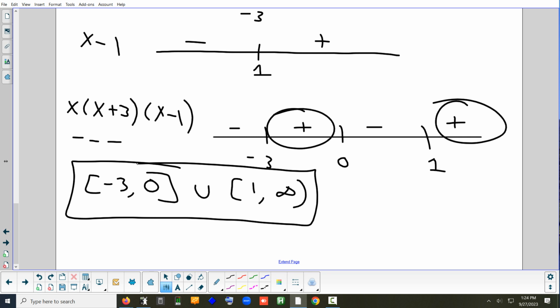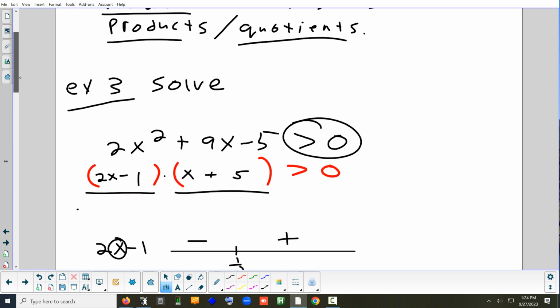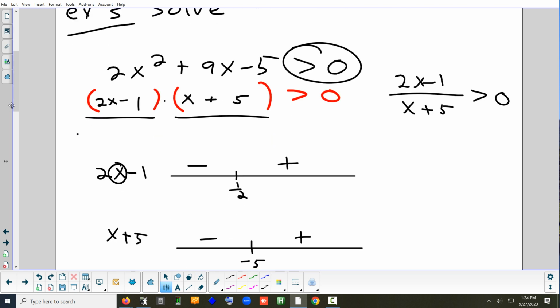Now, let me go back to the first one we did. Let's say instead of being the product of these two, I gave you this: 2x minus 1 divided by x plus 5 is greater than 0. The numerator is the factor 2x minus 1, so you make a number line for that. The denominator is the factor x plus 5, so you make a number line for that.